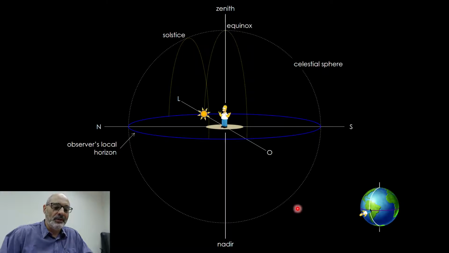During the equinox, remember, he's on the equator, the sun rises from the east perfectly, from this axis here, and it sets on the west.